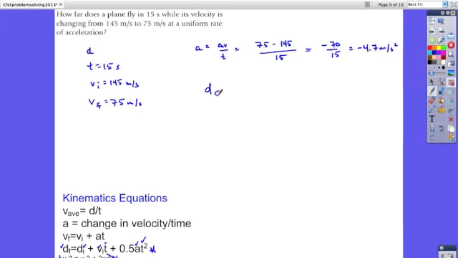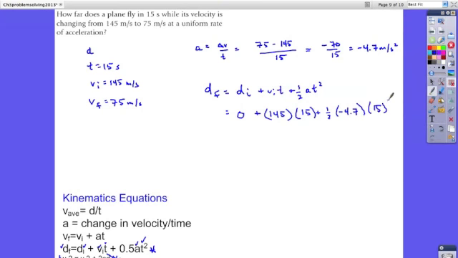So df equals di plus vit plus 1 half a t squared equals 0 plus 145 times 15 plus 1 half times negative 4.7 times 15 squared. 145 times 15 equals 2175.